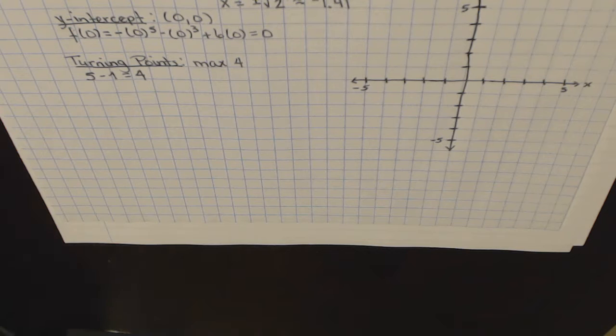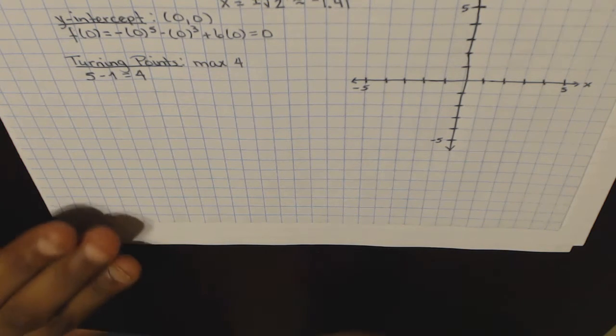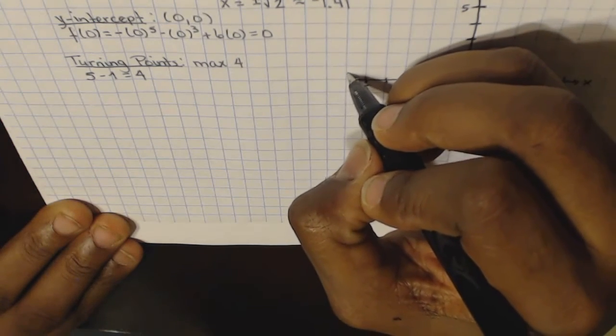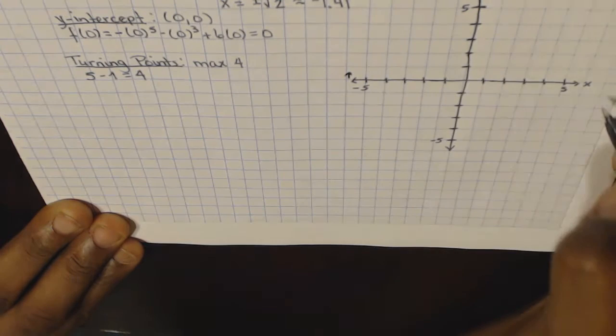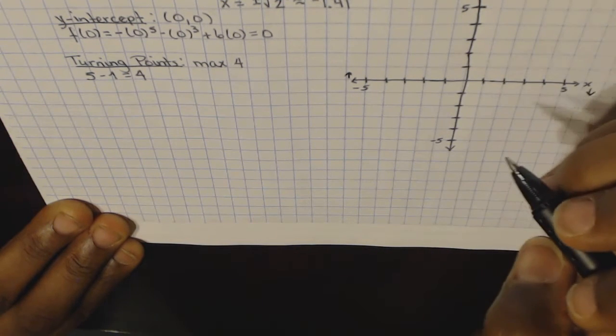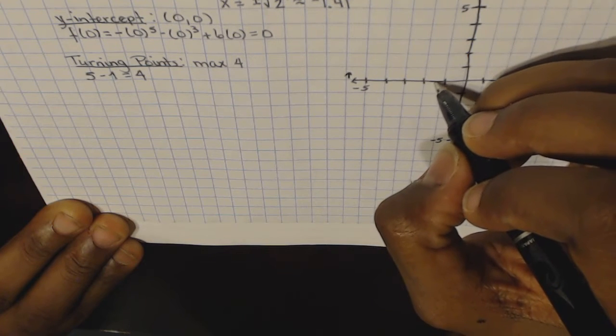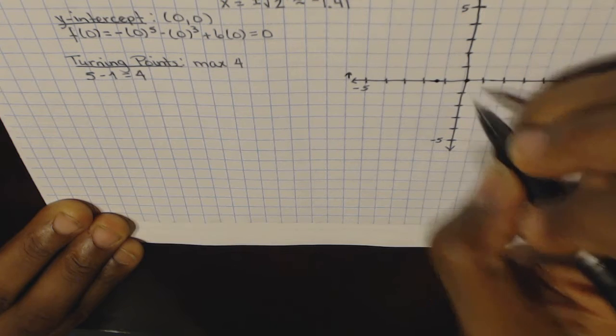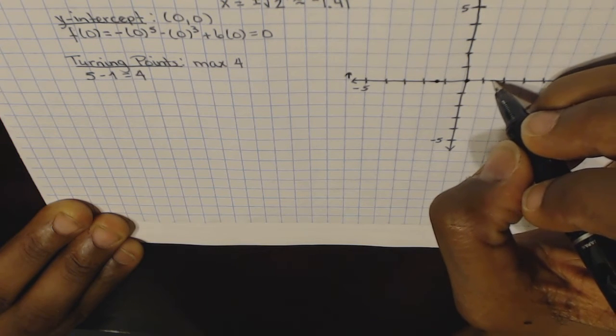Let's see exactly what all I have on my graph to see if I need any more information. Okay. So I know as I'm rising to the left, I am falling to the right. I know I have x-intercepts at (-1.41, 0), at (0, 0), and at (1.41, 0).